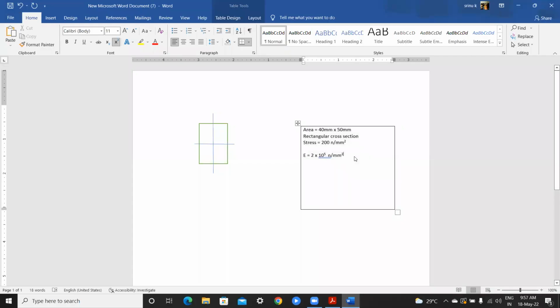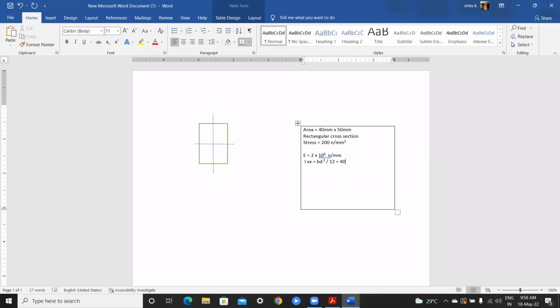So in the given data, Ixx is equal to BD cube by 12. What is the breadth here?